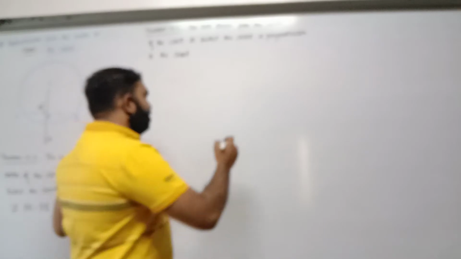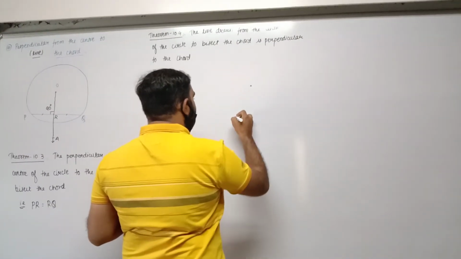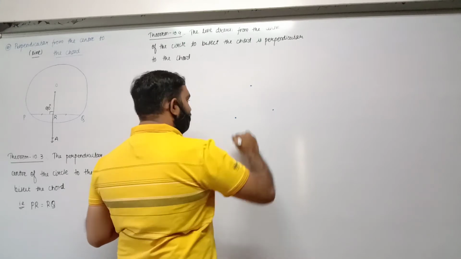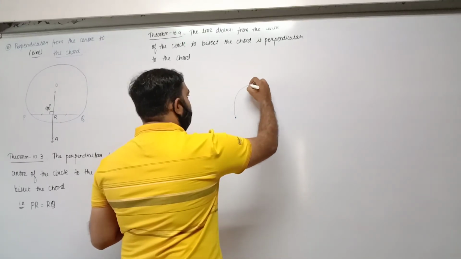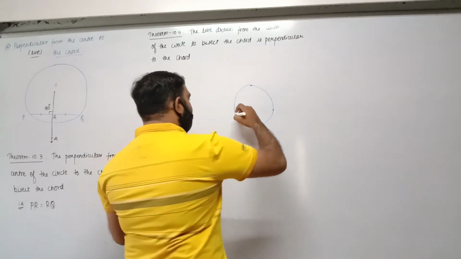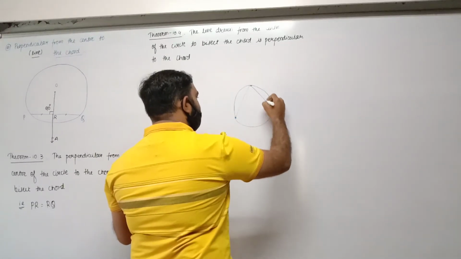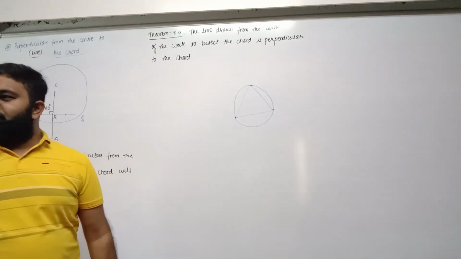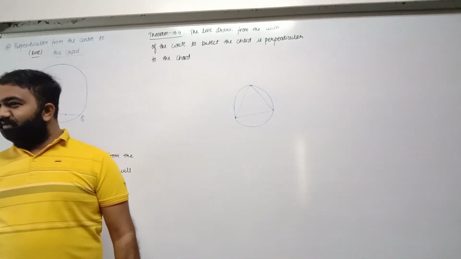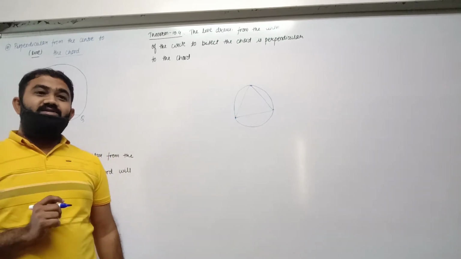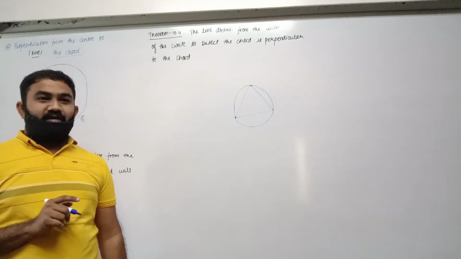Sure? If I point out these 3 points, it is possible. So aren't these collinear points? See, we can join them by straight lines. There is not a single straight line passing through all 3 points.